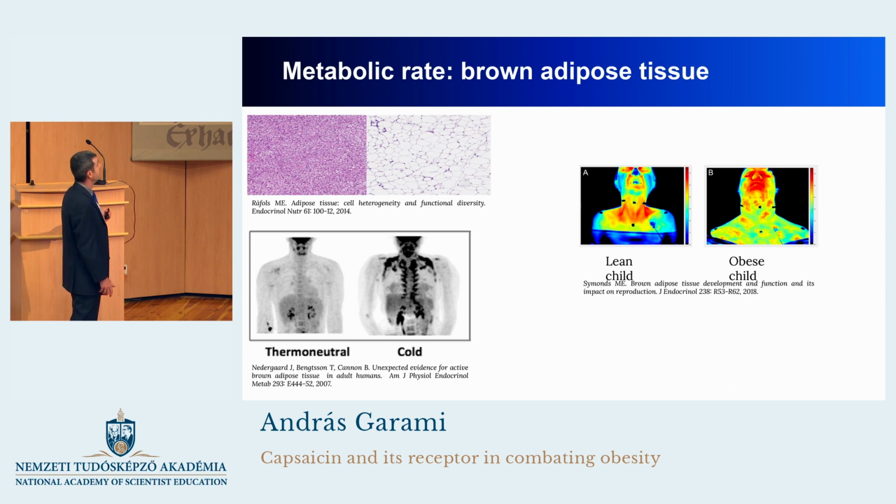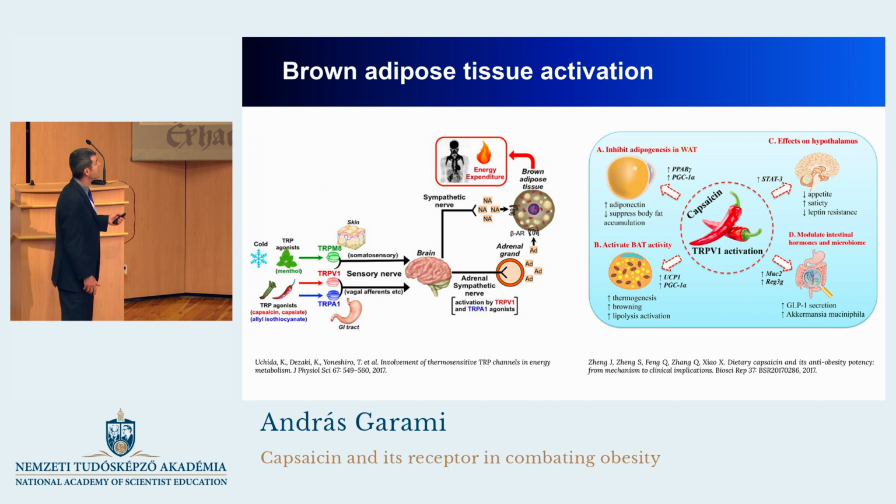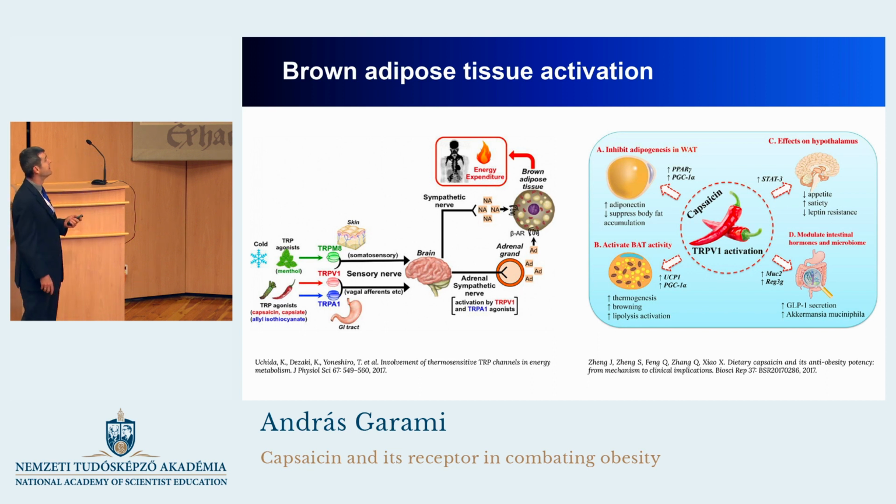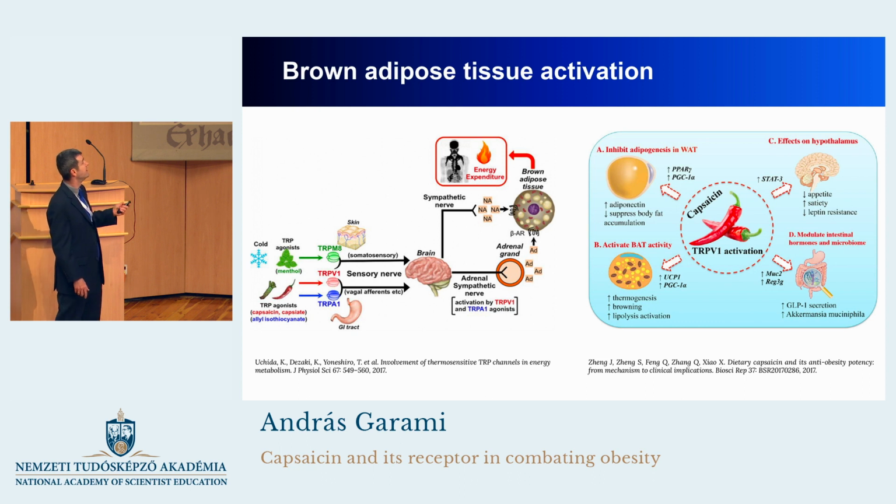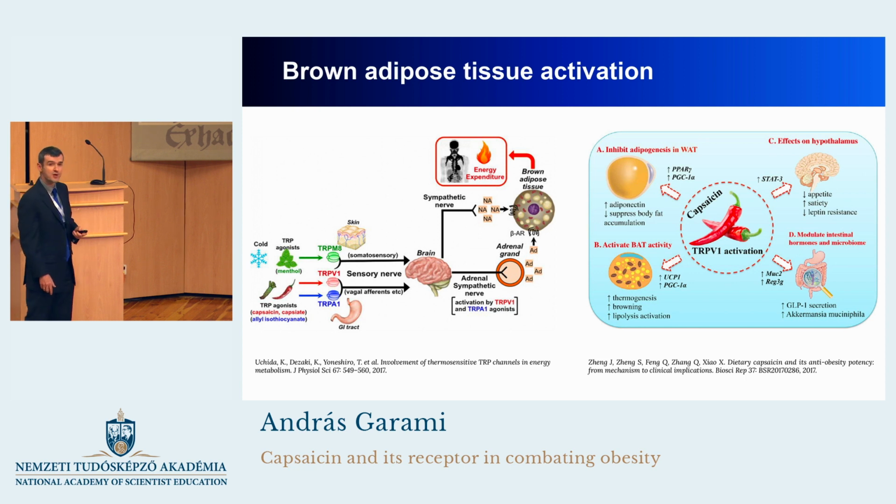And for the current talk, it is also important to note that mostly based on animal studies, it was shown that brown adipose tissue can be activated not only by cold, but also by some ligand substances, such as menthol, which then activates the sympathetic nervous system that results in an increased brown fat activity and energy expenditure.